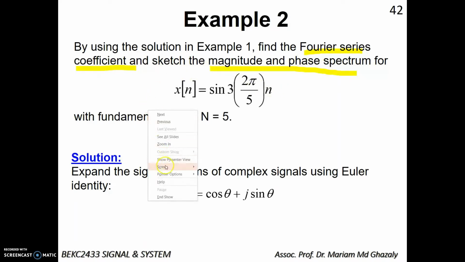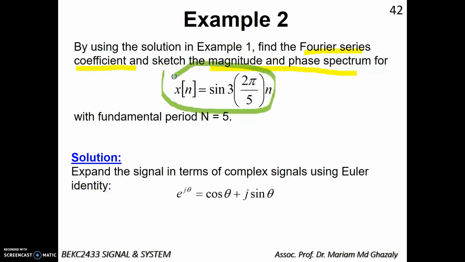So what you are given here is the equation x[n] equal to sine 3 2 pi over 5 n.